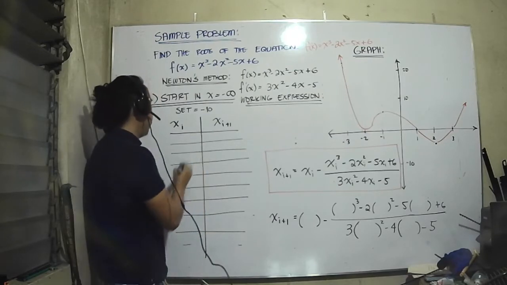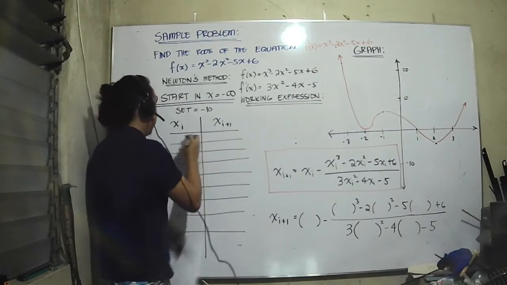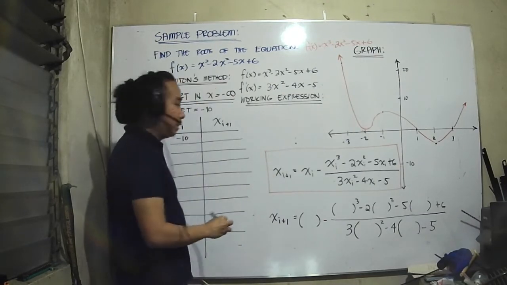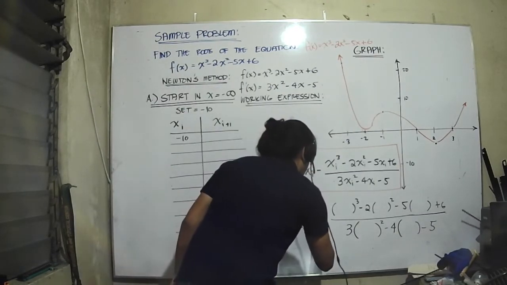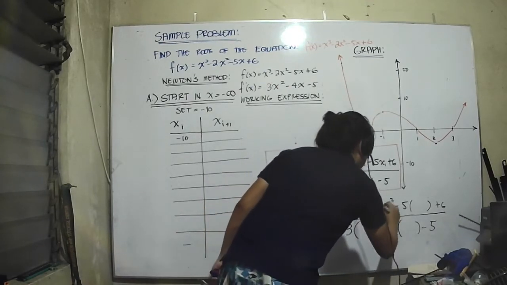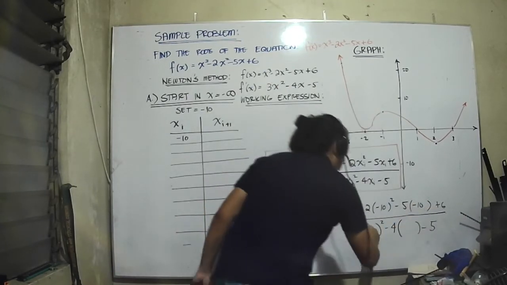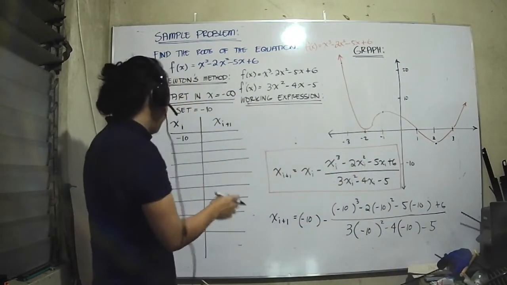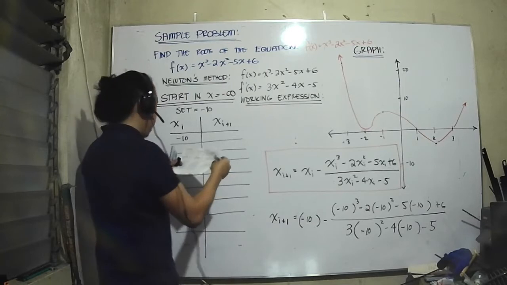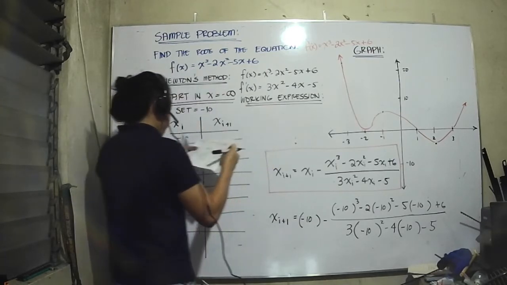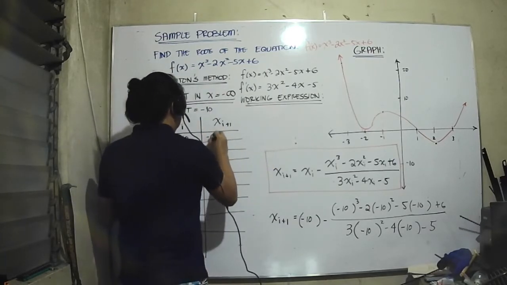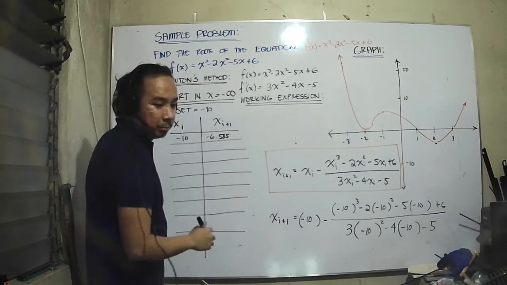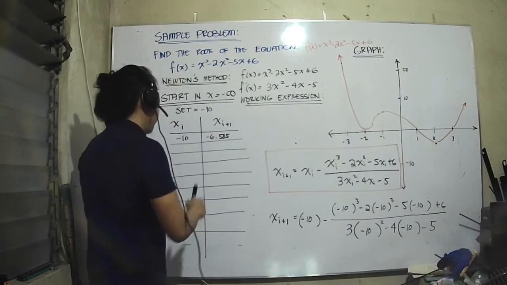If we start at negative 10, that means we plug in negative 10 everywhere for x sub i. When we compute this, we will have negative 6.585. That will be our first iteration.